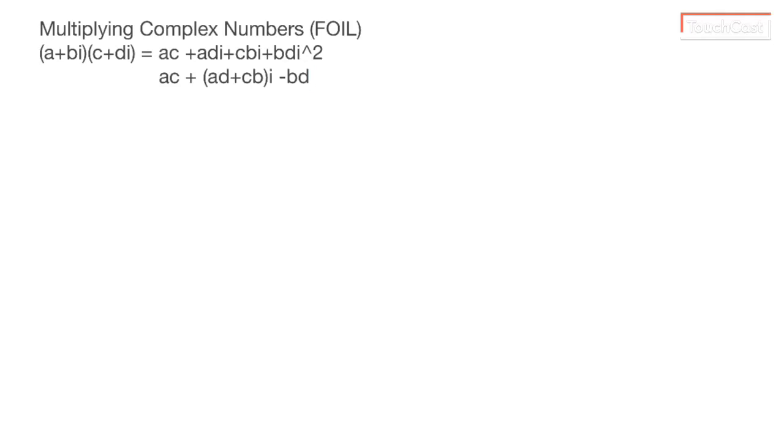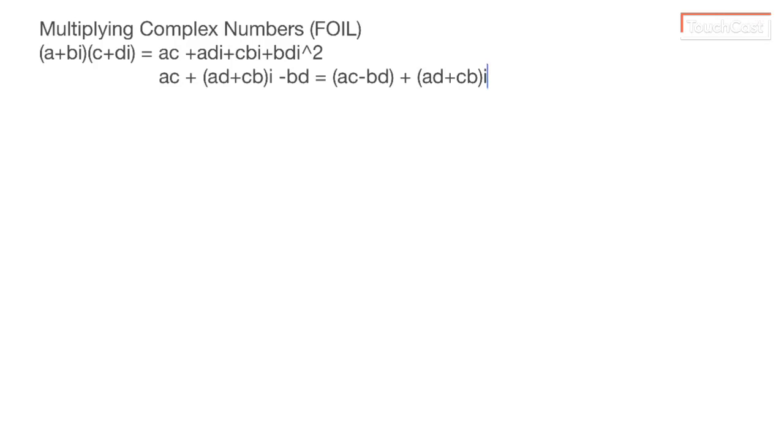I'm going to move using the commutative property, excuse me. I'm just going to move the minus bd to be closer to ac. So we can write this as ac minus bd plus (ad plus cb) times i. Now that looks funny, but really you're just foiling.